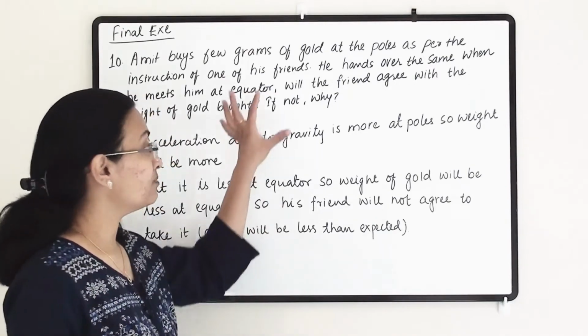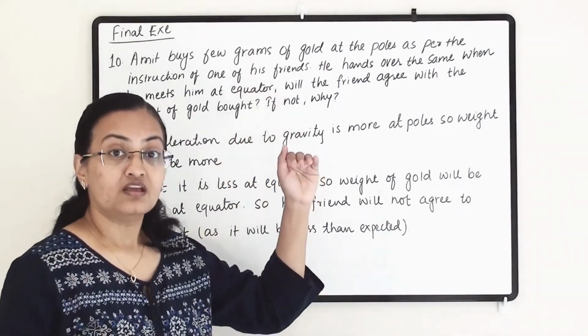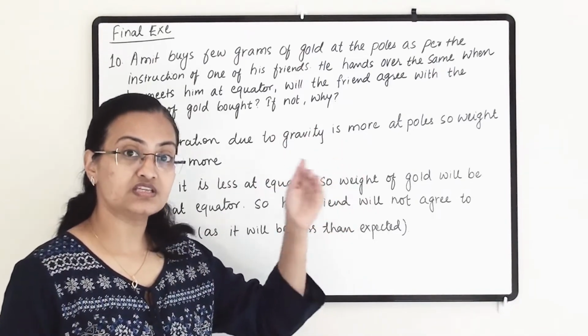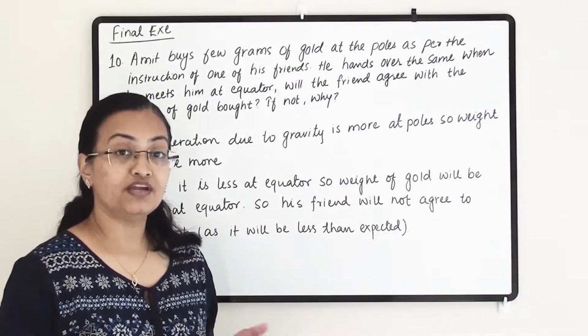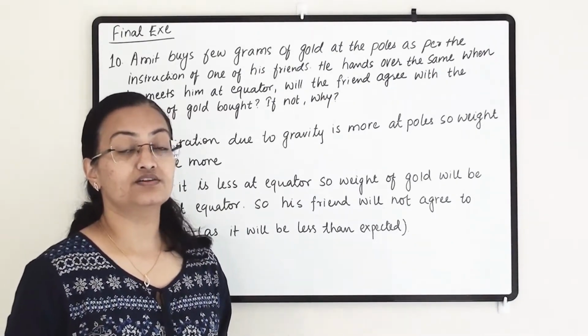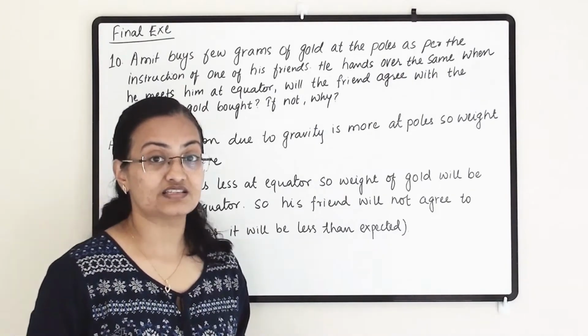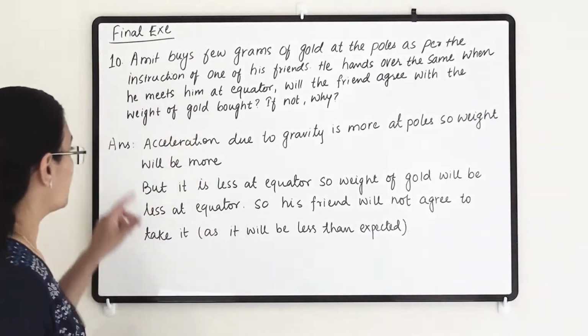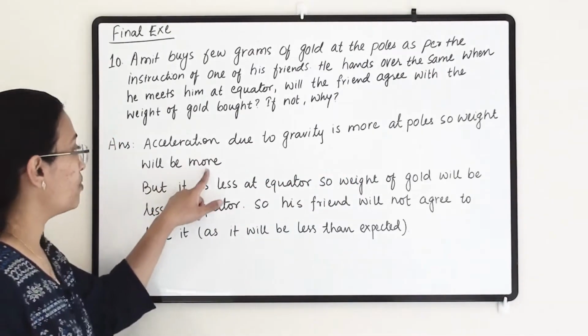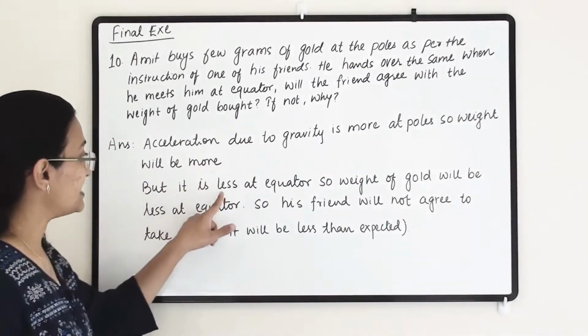So whatever Amit buys at the poles, the weight will be according to what his friend says. But once he reaches the equator, the weight of the gold will be less, because the acceleration due to gravity is less compared to the poles. So acceleration due to gravity is more at the poles, so weight will be more at the poles, but it is less at the equator.